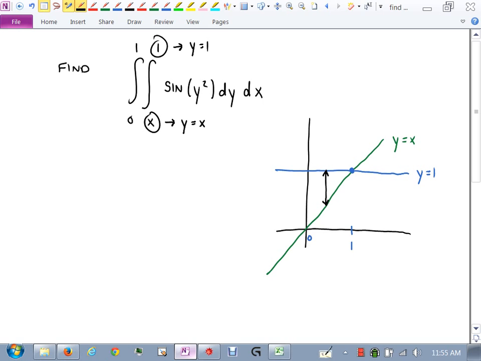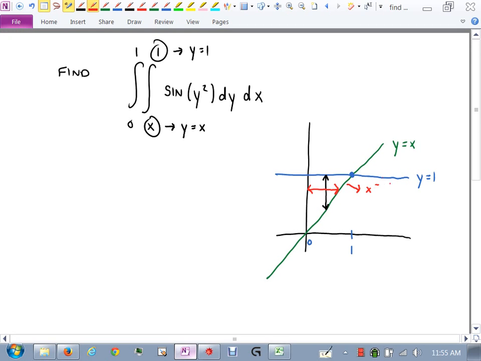However, that region could also be integrated as a type 2, couldn't it? Could I look at that as a type 2 region instead of a type 1? So can I rotate and do this one instead? Yes or no? Yes? That green one will always be to the right, on the side, and then what would be on the left? 0, right? So rewrite this green one, but because it's type 2 now, solve it for x.